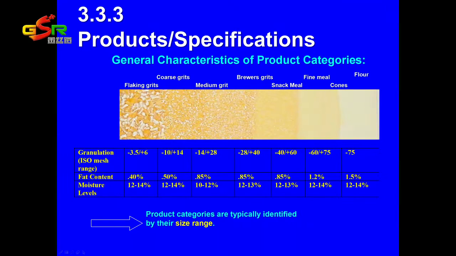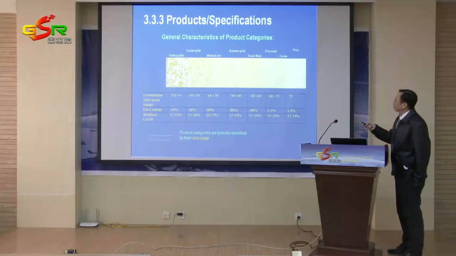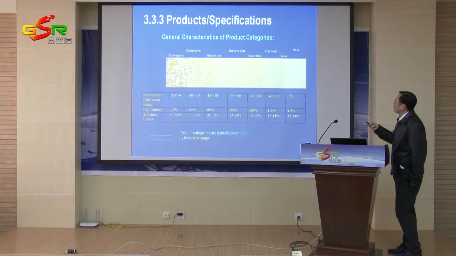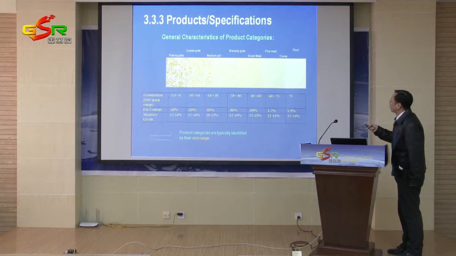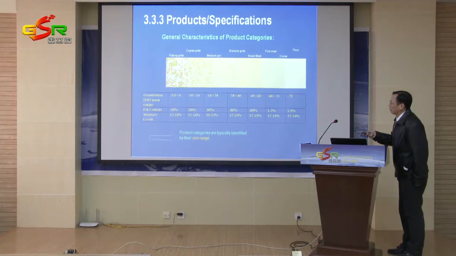From this table, we can find different products: flaking grits, coarse grits, medium grits, fine grits, snack meal, fine meal, corn meal, and corn flour, with different size, different color, and different properties, such as different fat content and different moisture content in different products.